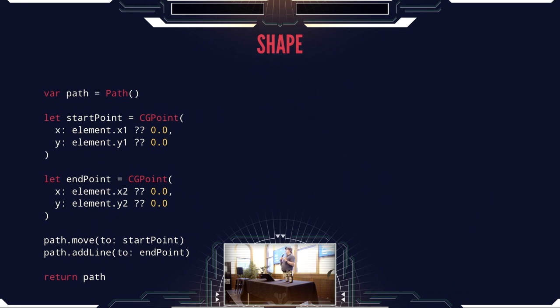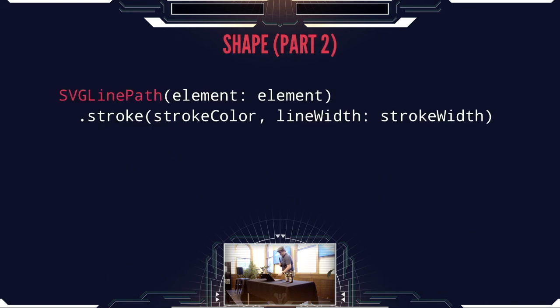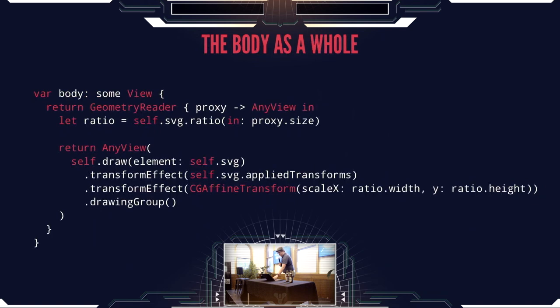So when we get a series of path commands, what we are doing, we are translating it from the XML into a Bezier path. Again, this is more of how that works.